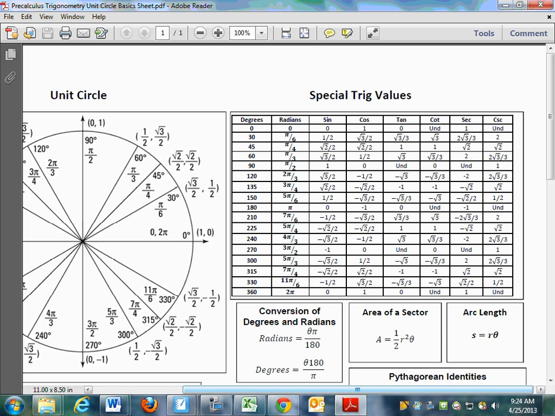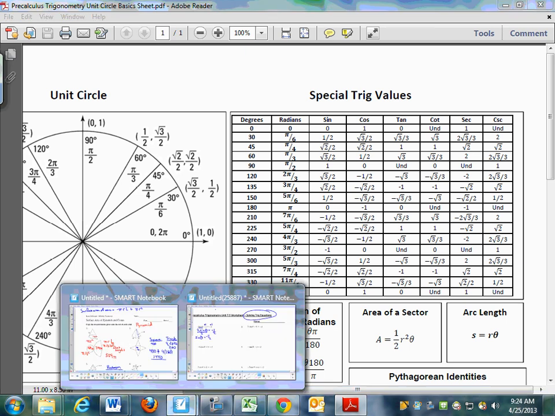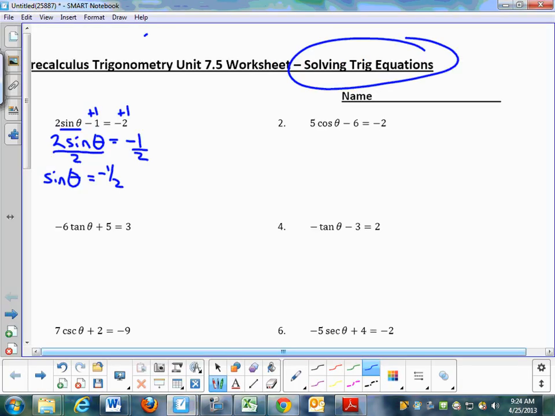So we've located those. Now for this purpose, we're going to solve for theta given 0 is less than or equal to theta, which is less than or equal to 360.